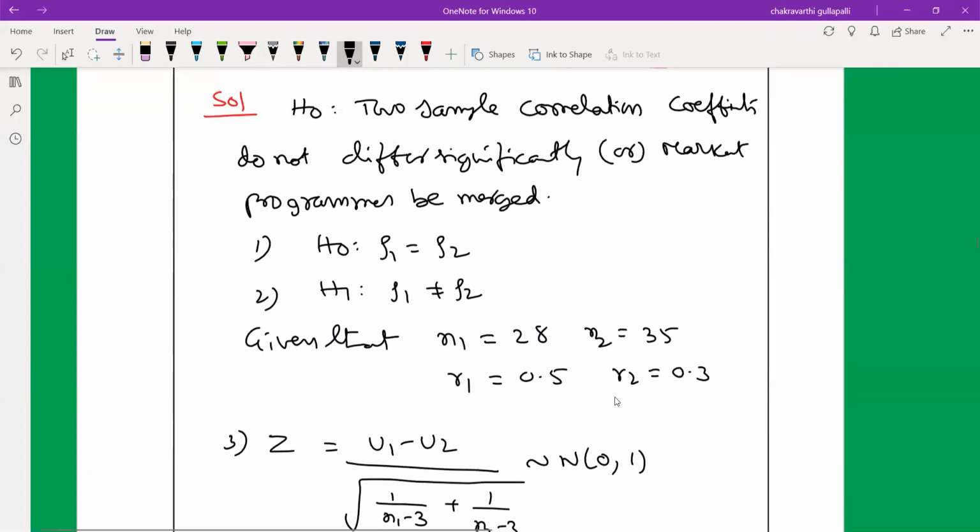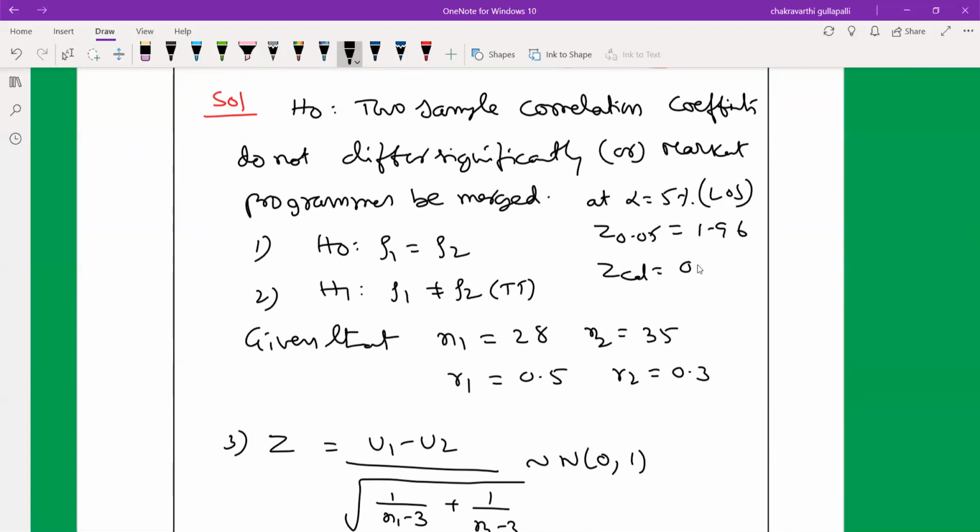Now we have to test this at the 5% level of significance. At alpha equal to 5%, Z 0.05 is equal to 1.96, a two-tail test here. The calculated Z value 0.8985 is less than 1.96. So we accept H naught.